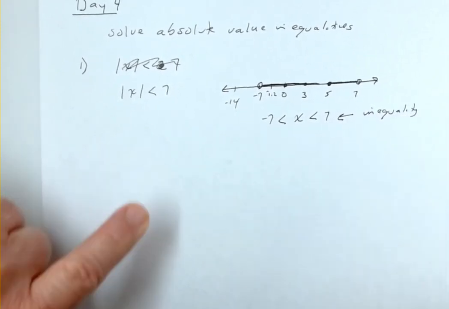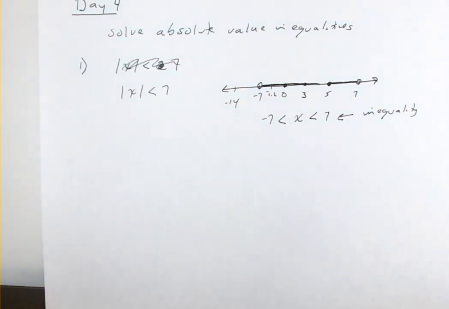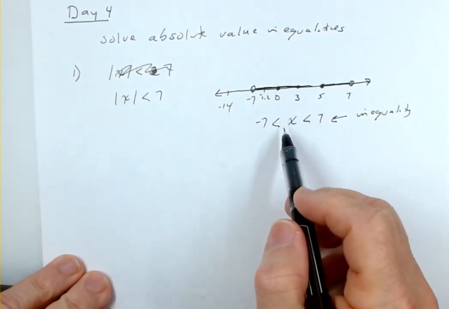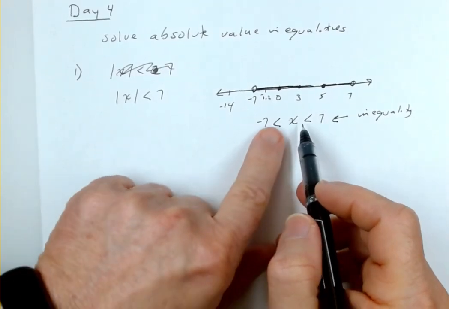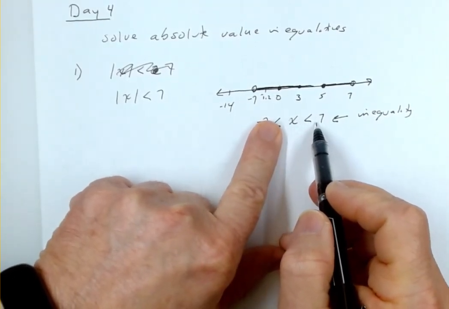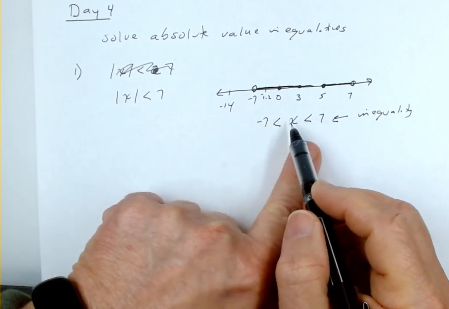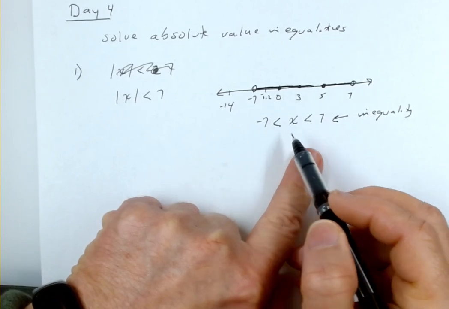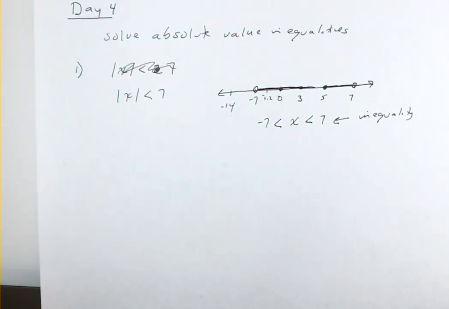So what I found was that my solutions are any real number that is between -7 and 7. What this means, if you hear the words right here, is that x is less than 7, and at the same time, x has to be greater than -7. Notice when I read that, I said "and."